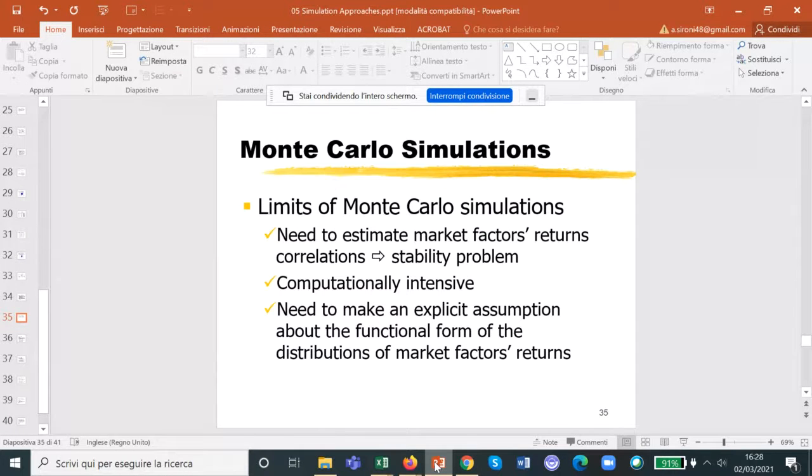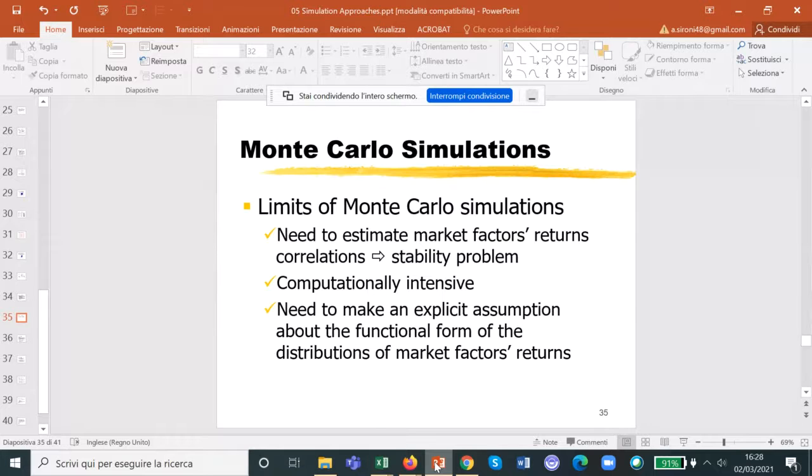What are the problems of Monte Carlo simulations? First of all, differently from historical simulations, you need to estimate correlations, and therefore there is a stability problem. Second, they are very computationally intensive. And third, you need to make an explicit assumption about the functional form of the distribution of market factor returns, okay?